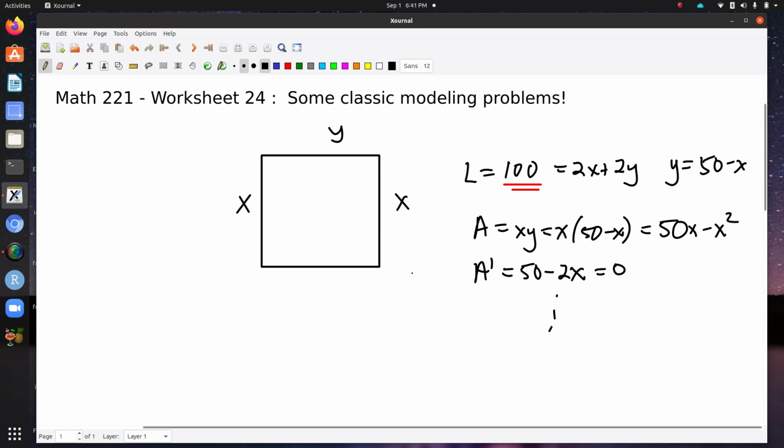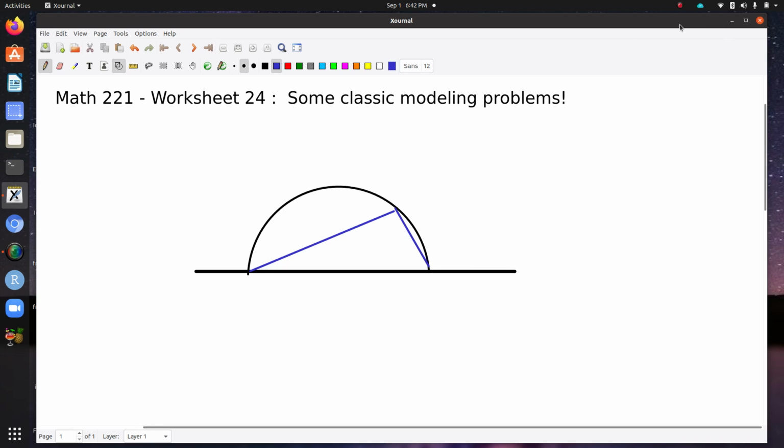Okay, next one. I just wanted to point this out, this diagram in one of your questions. I didn't do a perfect job of recreating it, but I want you to understand something, that if I actually made my semicircle correctly, I can take any point on my semicircle, and here is supposed to be a radius, that this thing is automatically 90 degrees.